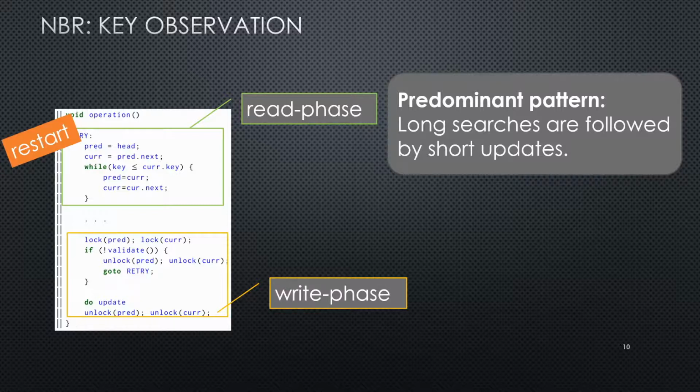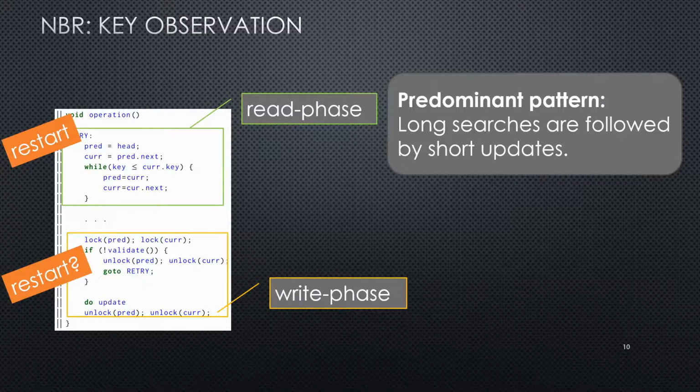On the other hand, if the thread happens to be in the write phase, can we do the same? The answer is no, because the thread might be in the middle of updates, and if we restart it, it might leave the data structure in an inconsistent state. So instead, if this thread somehow knows the number of records it would access in the write phase, it can simply reserve them before entering the write phase.